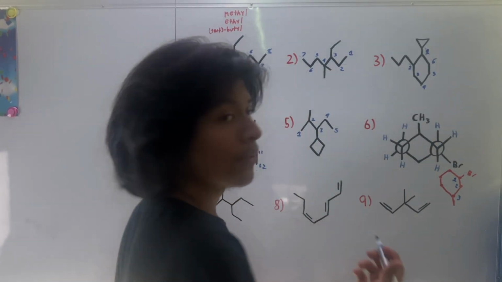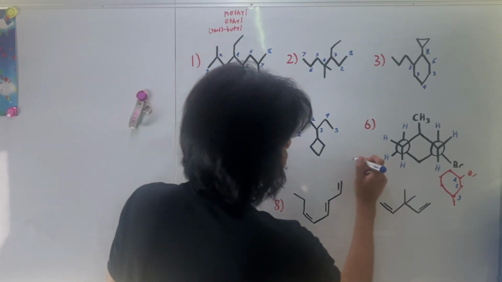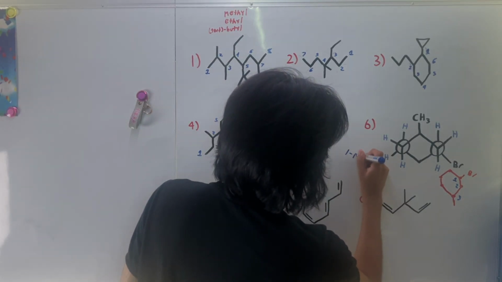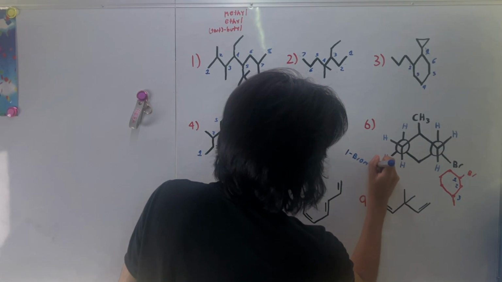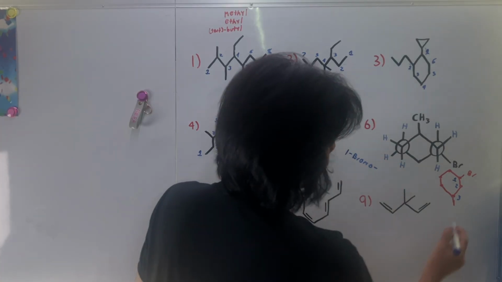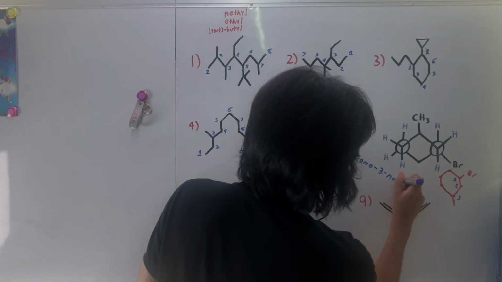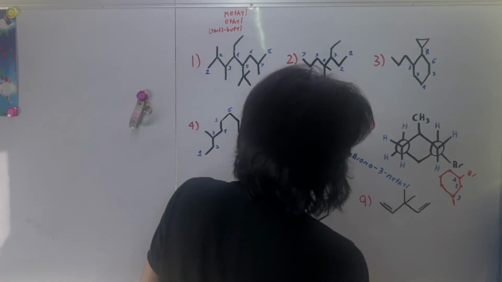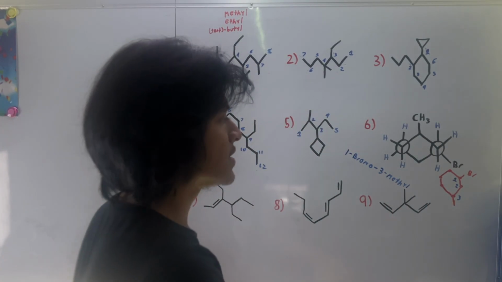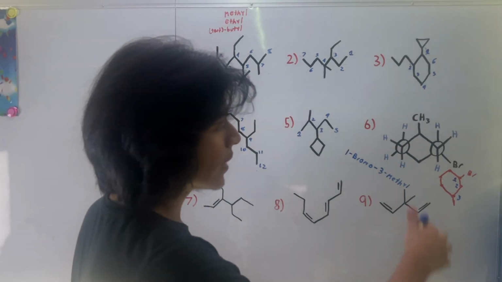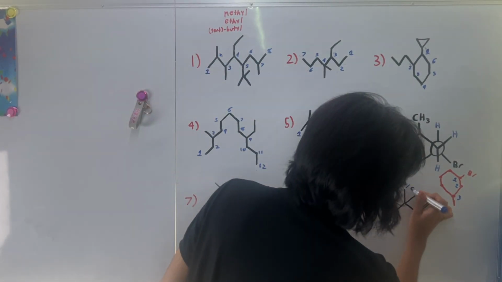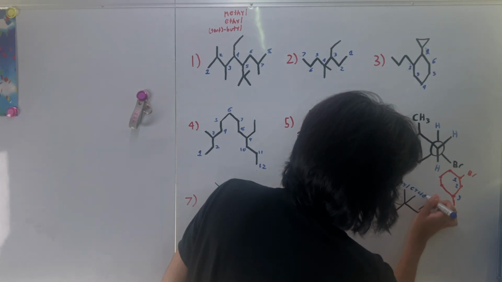And now we just name it at this point. So here we have 1 bromo, and then we have 3 methyl. And because it's a 6 carbon ring, we're gonna have methyl cyclohexane.